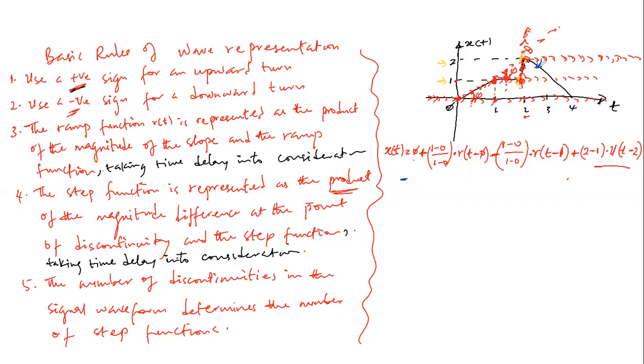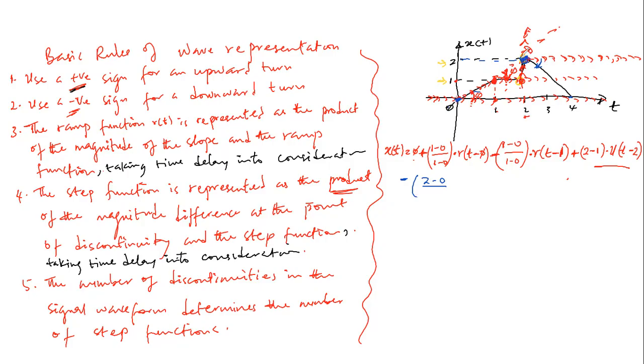Now, in this case, the order of magnitude for the slope will be 2 minus 0, because that's what we get all the way. This point 2, and at this base point, this point 0.